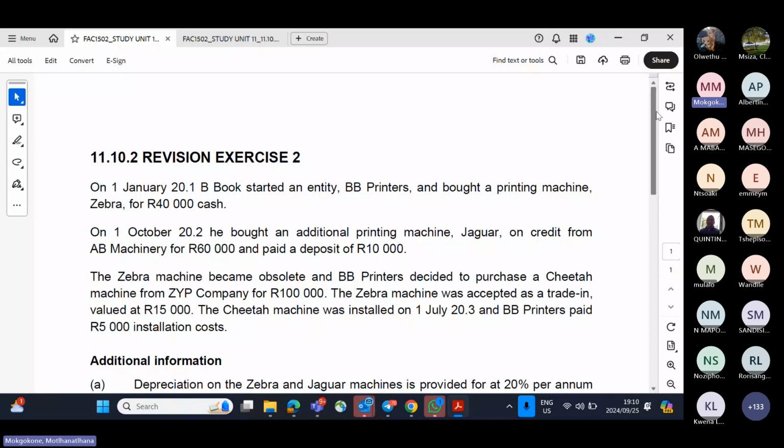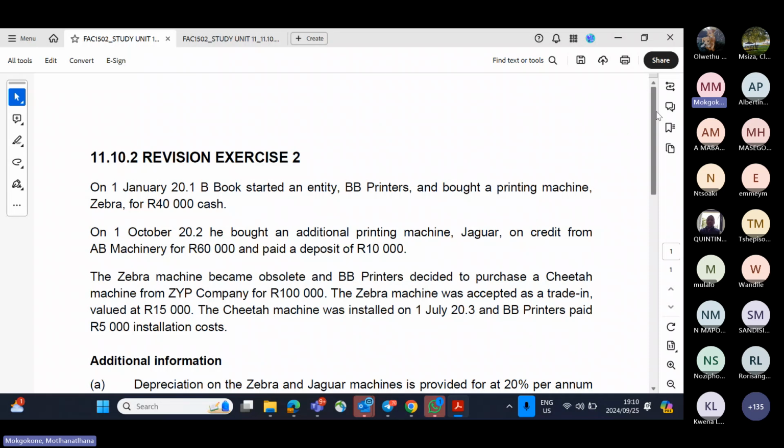So 1st of January 20.1 means 2 years ago. If you go back from December 20.3 to December 20.2, then this was 2 years ago, because it will be 31st December 20.1, 31st December 20.2, then our financial year starts on 1st of January 20.3.